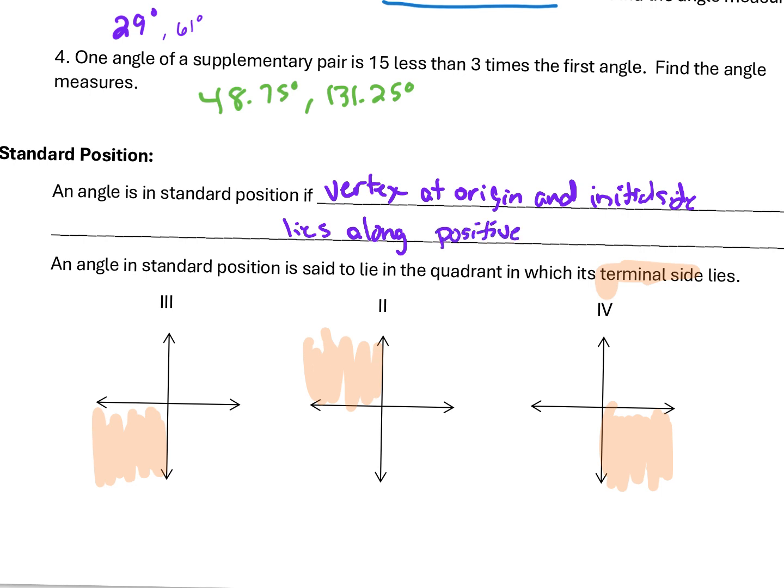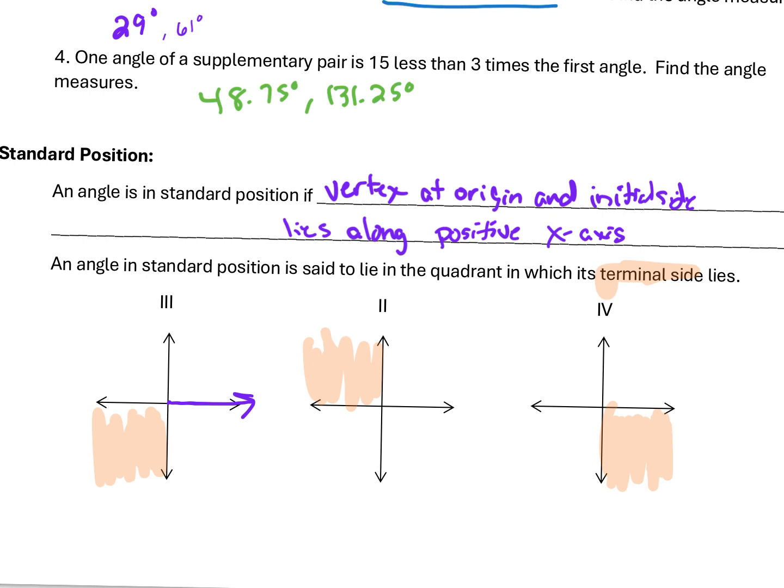So you guys saw that yesterday on your Delta Math assignment that you did. All of those started here, right? We had a ray there, and then you were asked to do the rotation.